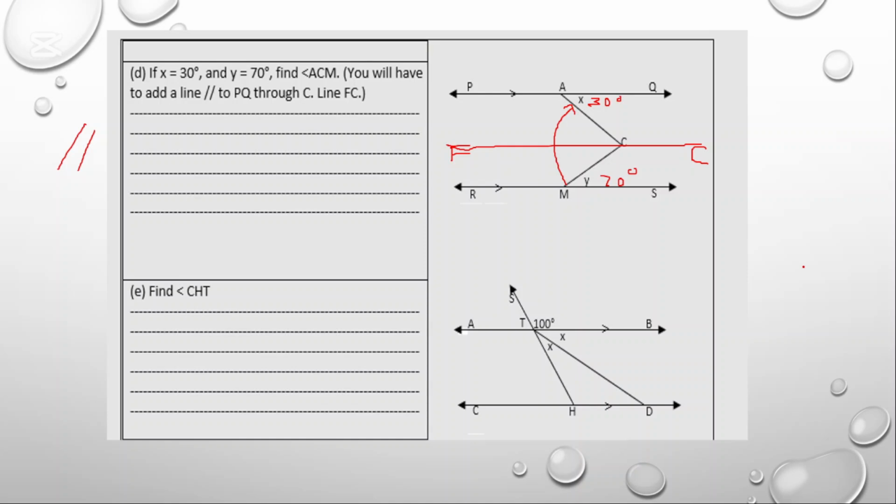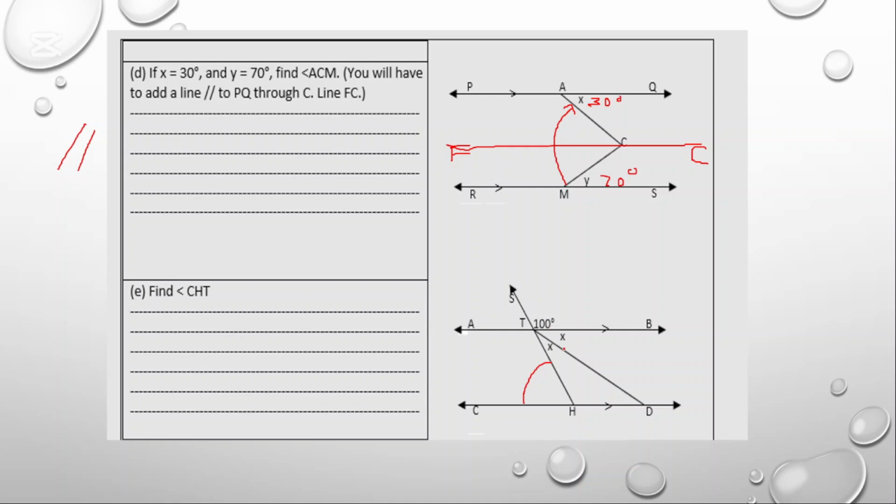Find CHT. So it's this angle. Okay. You have a straight line here. So X and 100 will be equal to 180.